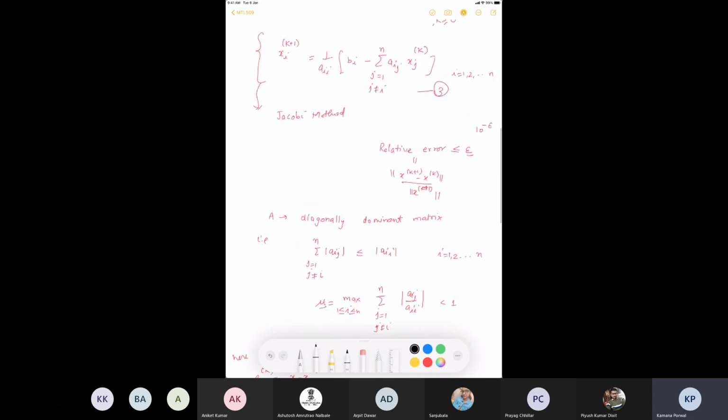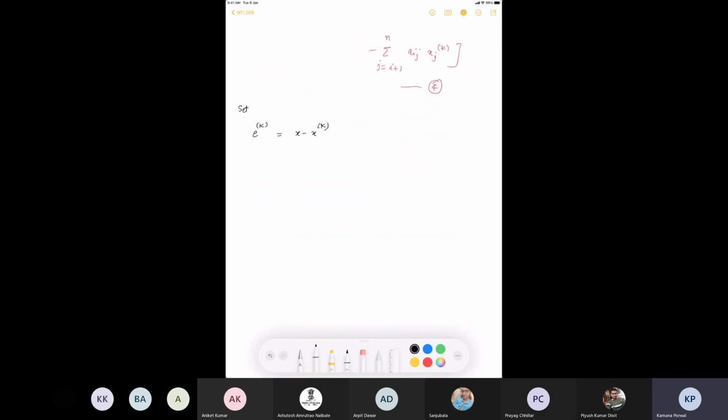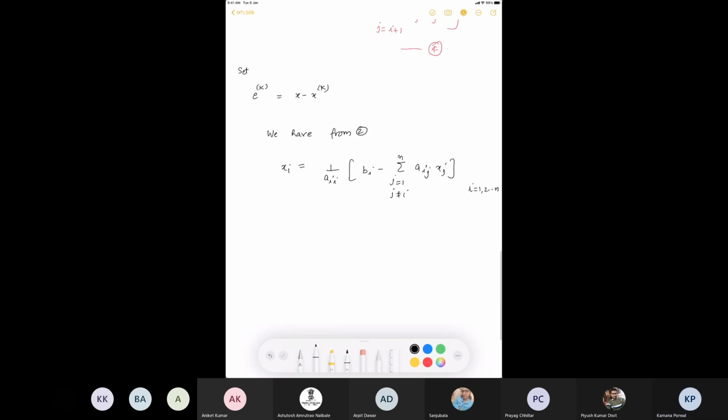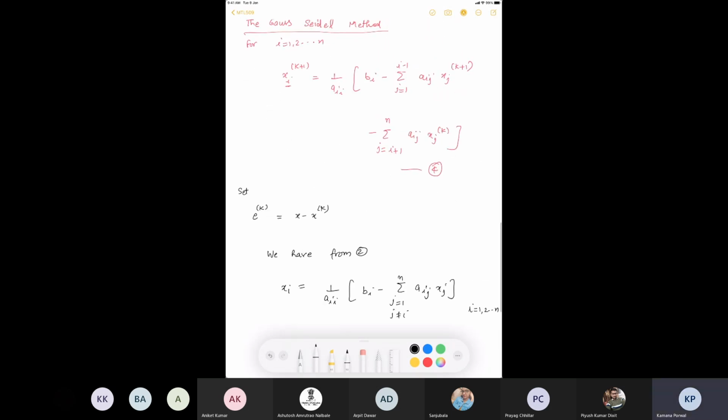So the ith component of the exact solution is 1 divided by aii times bi minus the summation j equals 1 to n, j not equal to i, of aij xj, for each i ranging from 1 to n. And we have the approximation of xi given by 4 for the Seidel method.